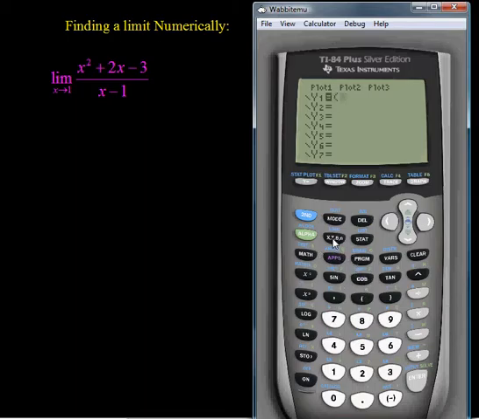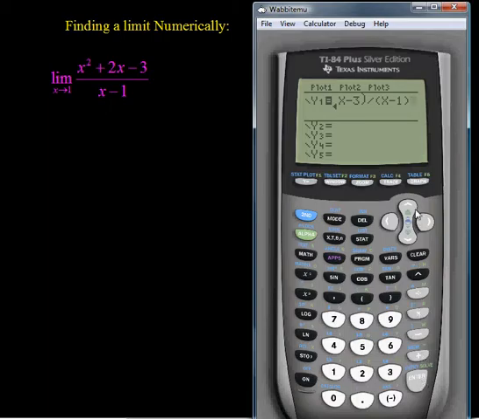So this is x squared plus 2x minus 3, that's the numerator in parentheses, divided by the denominator in parentheses, and the denominator is x minus 1.